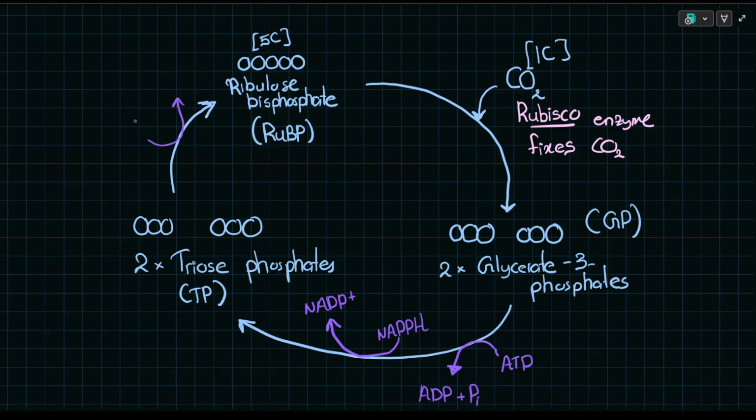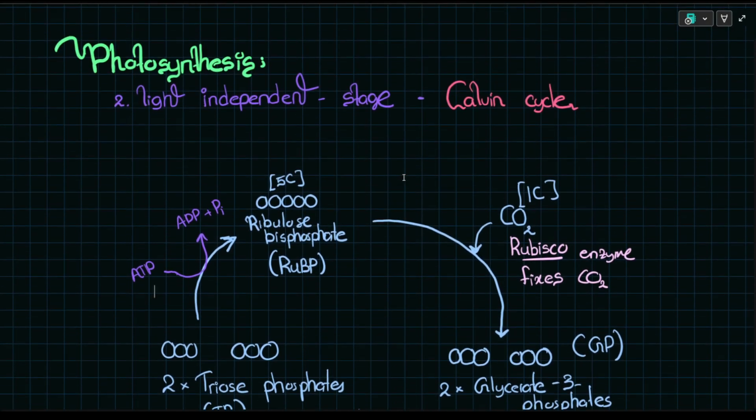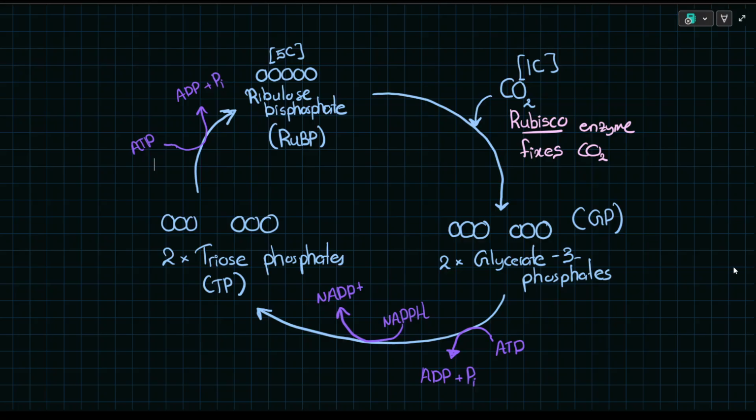So one final ATP utilization to produce ADP and inorganic phosphate, like so. So that is the basic outline. This is all the information that you need for the Calvin cycle.